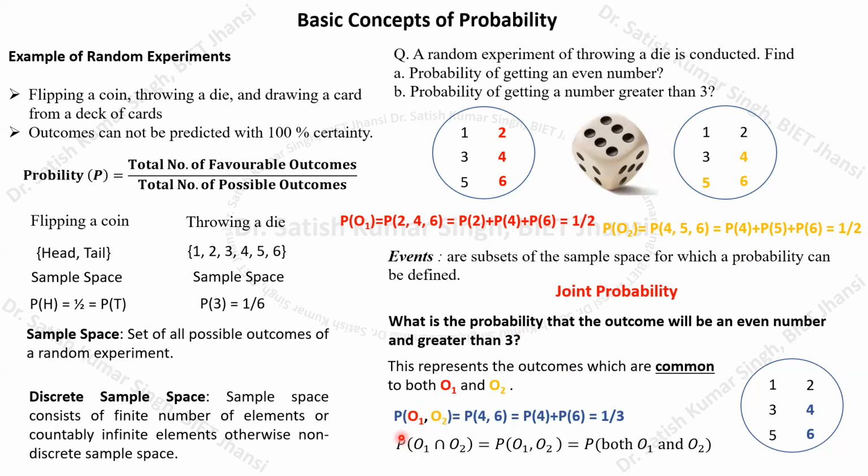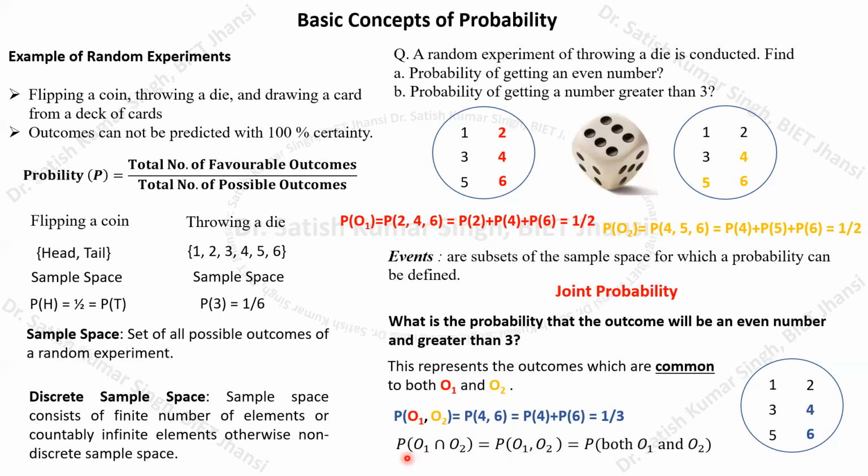And in set theory, these probabilities are represented by the intersection sign. So this probability P can be represented by outcome 1 intersection with outcome 2. It is the common outcomes which we have to define between outcome 1 and outcome 2.